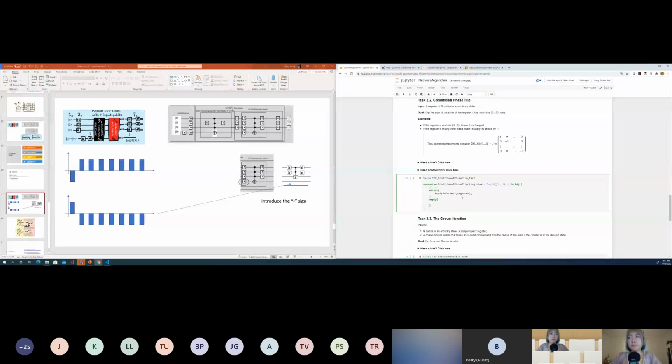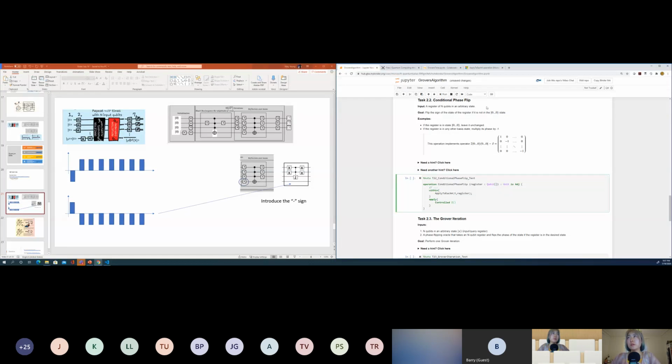Now in here, we are doing the Control Z. So how do you write in the most efficient way that you want the last qubit to be your target, the rest to be controlled?